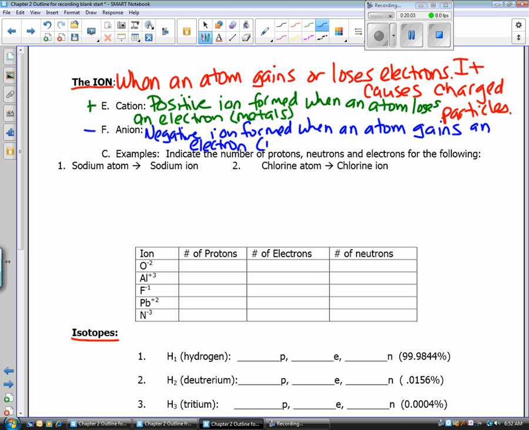This is more typical of nonmetals. Remember, electrons are negative. So if you get more, you're going to have a negative charge. If you lose one, you're going to have a positive charge.